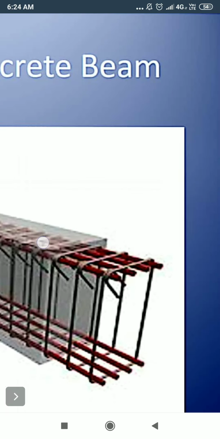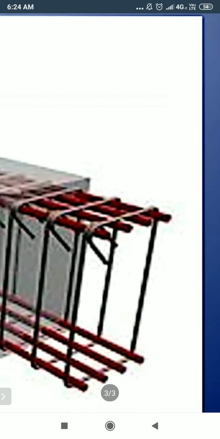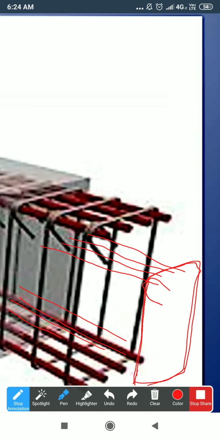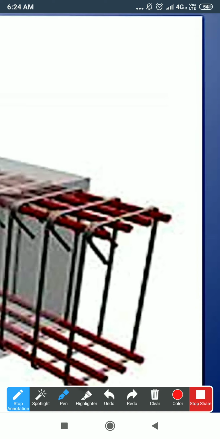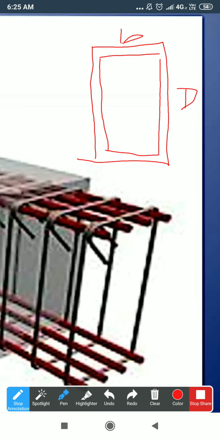Whatever you observe from this side view is referred to as the cross-sectional view. So let us draw the cross section of the beam. Let us say the width is B and the depth is D. There will be a cover, so depending upon the design or the IS 456 provision, cover also has to be considered.